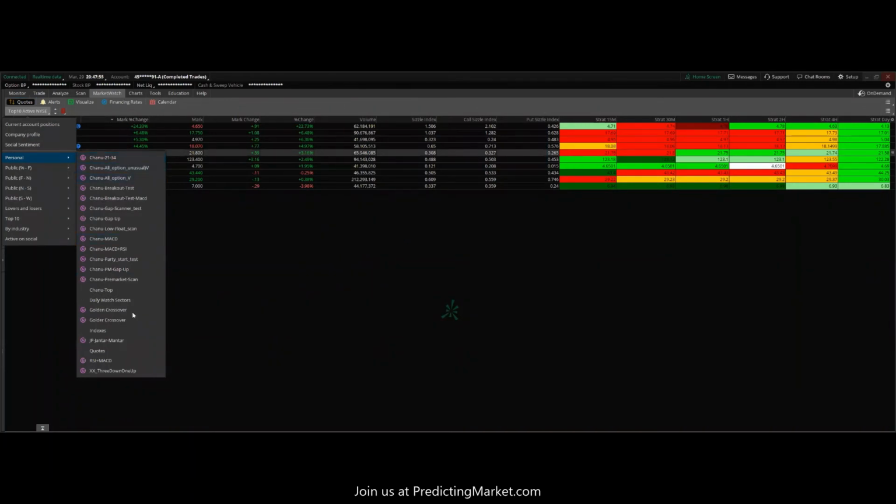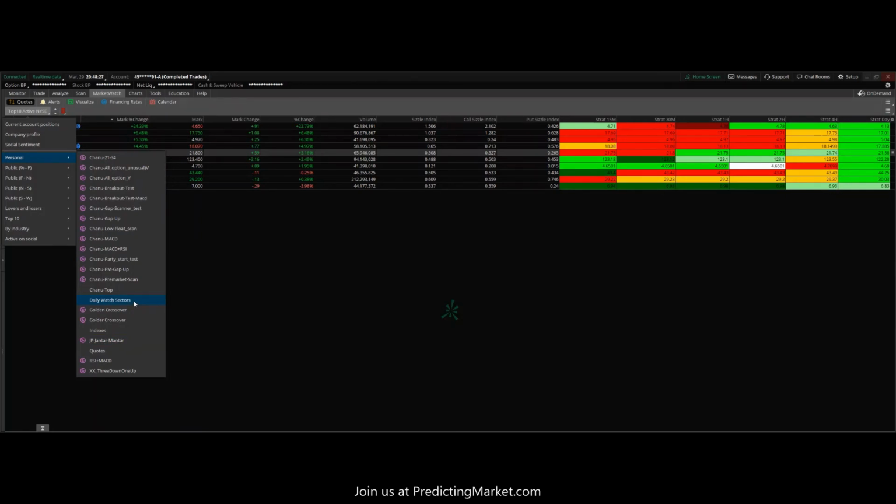All these are my watch lists that I prepared by myself by putting scanners. I'm going to cover scanners in the next session, but this tool gives you a lot of flexibility, and you can have multiple watch lists, which will help you determine which stocks are moving and which stocks to trade.